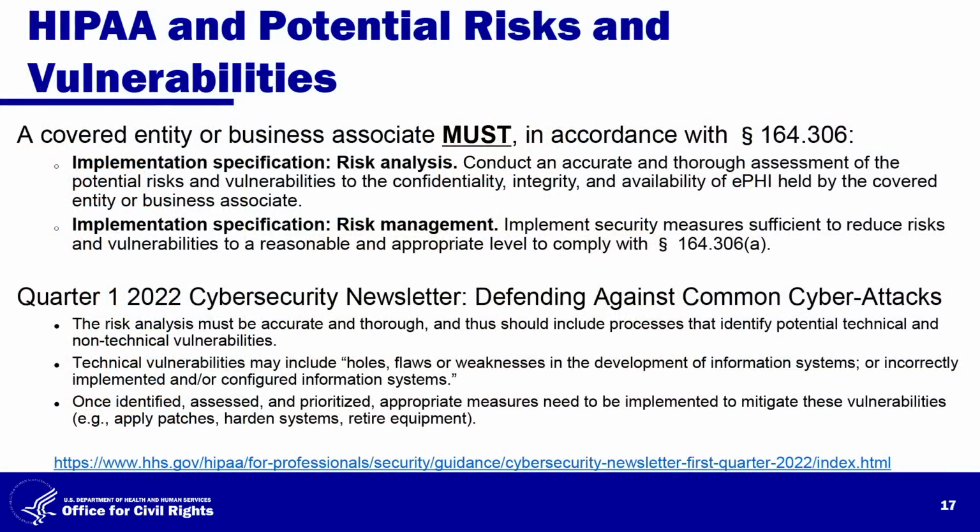Once risks and vulnerabilities are identified, assessed, and prioritized, appropriate measures need to be taken to mitigate these vulnerabilities. For example, applying patches, hardening systems by disabling or removing unnecessary software or services, and replacing obsolete equipment.